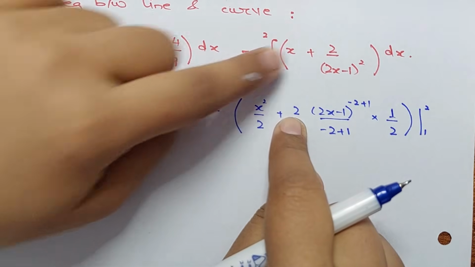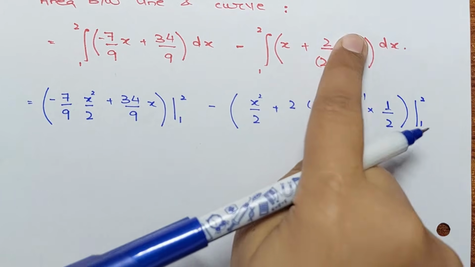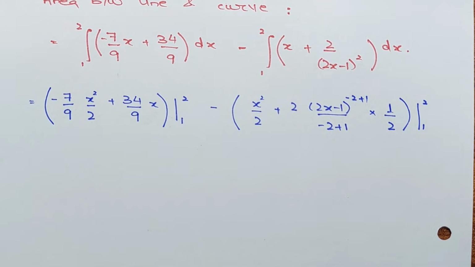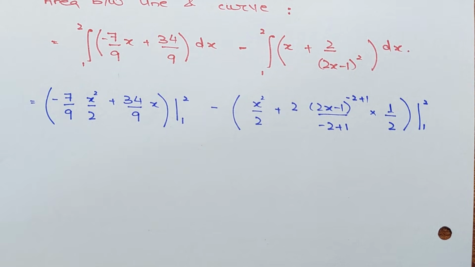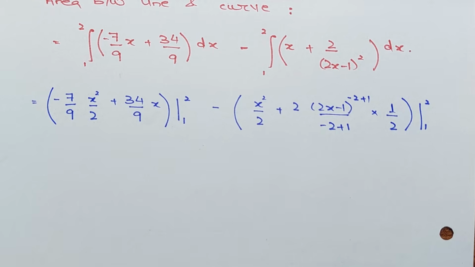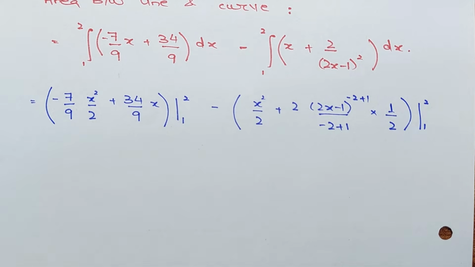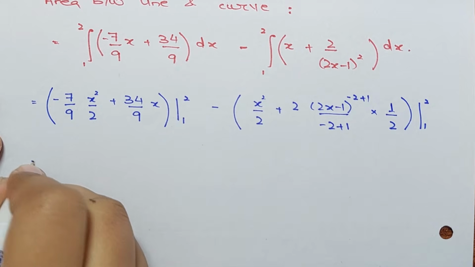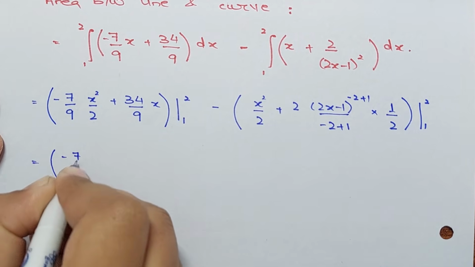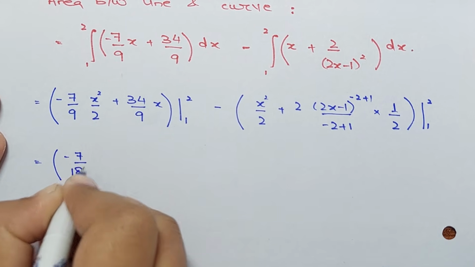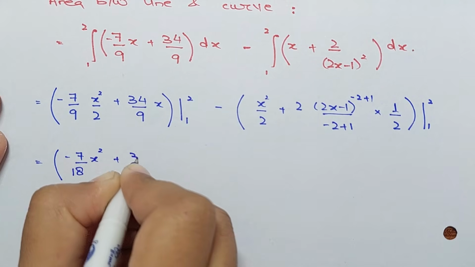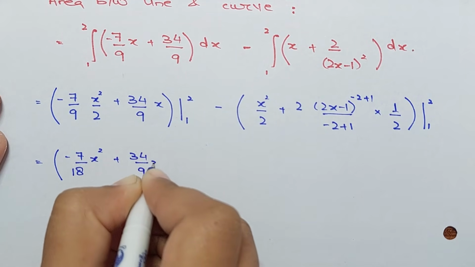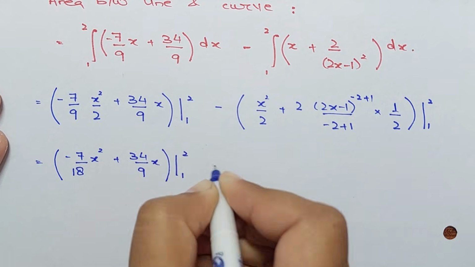What I did over here, 2 is a constant, basically I shift this to the numerator. So its power is negative 2, applying the power rule of integration: the function power plus 1, divide by power plus 1, multiply 1 over the derivative of this function, which is just 2. Further simplify, which is minus 7 over 2 times 9, that is 18, x square plus 34 over 9x. The limits are from 1 to 2.